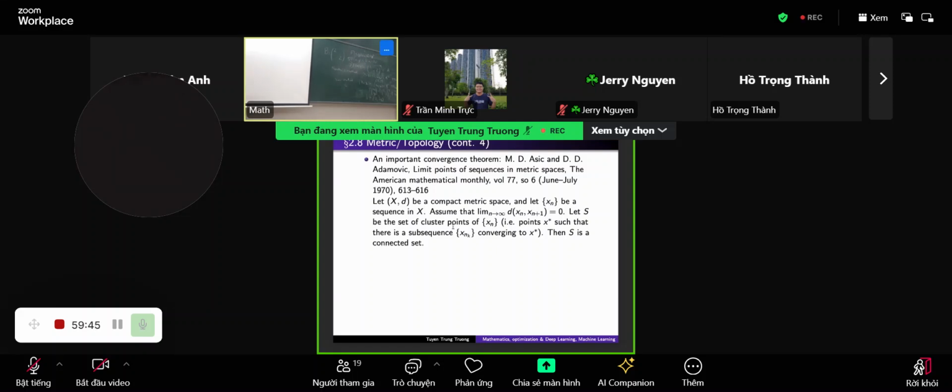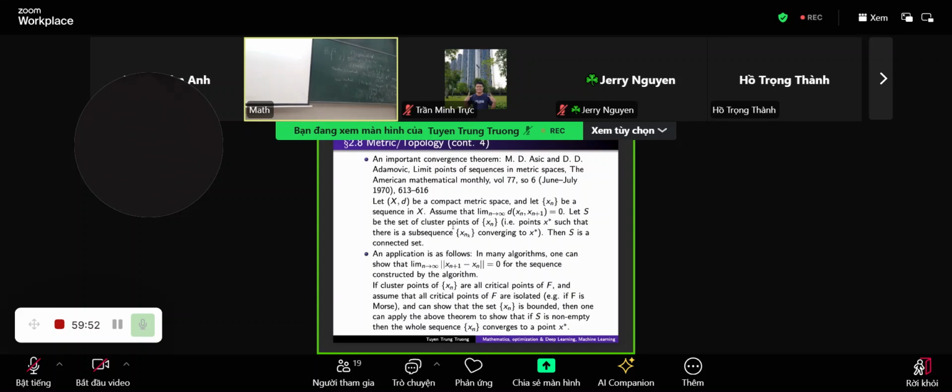And how can you use this result in proving convergence of optimization methods? The thing is that in many algorithms, under some appropriate conditions, you can prove that if you apply this method to a function, then the sequence you construct will satisfy this condition, that the limit goes to 0.